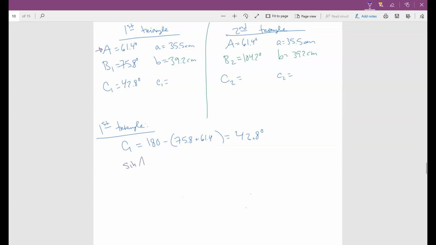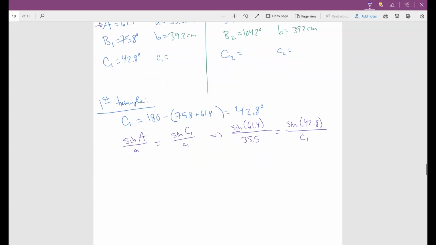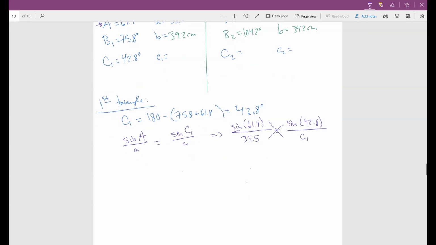So I'm going to use sine A over little a equals sine C1 over little c1. So sine A is 61.4, little a is equal to 35.5, sine C1 is 42.8, and then little c1, I don't know what that is. So cross multiply, you get c1 sine of 61.4 is equal to 35.5 sine of 42.8.